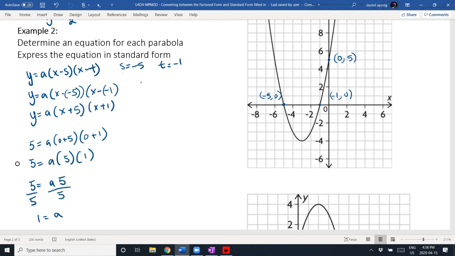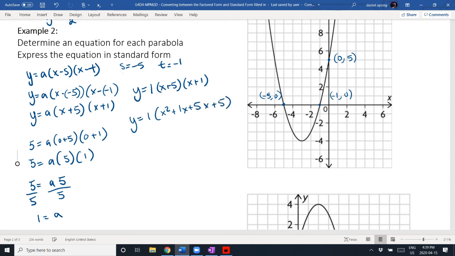And now we can rewrite our equation with everything that we know. Y is equal to 1 times bracket x plus 5 bracket x plus 1. And now we simply expand to get it in standard form. So we have y is equal to, let's do the brackets first. Well, that 1 is just going to keep everything the same, so it doesn't really matter. So we have x times x, which is x squared, x times 1, which is going to be 1x, 5 times x, which is 5x, and then 5 times 1, which is 5.